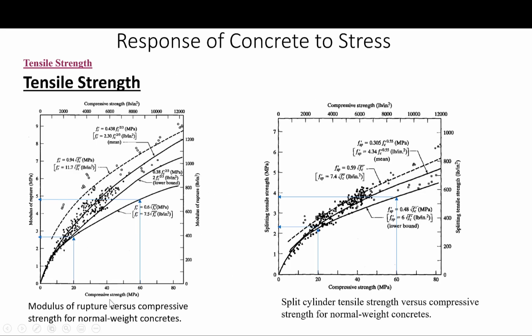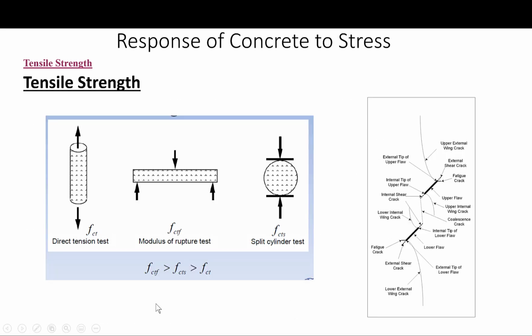Let me go back. So basically this is for various specimens, and the evaluation of this graph here, right here, is relating the modulus of rupture. If you go back, this is the modulus of rupture, and this is the split cylinder test.